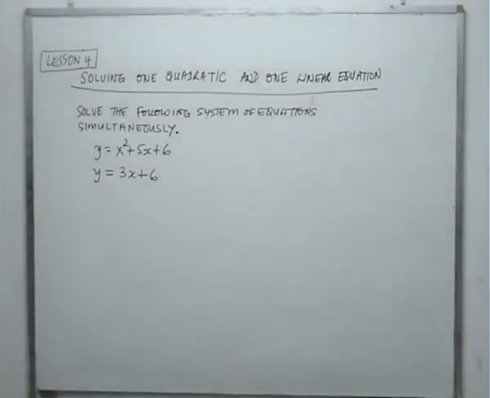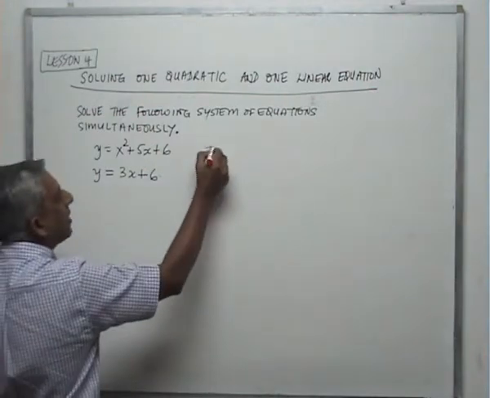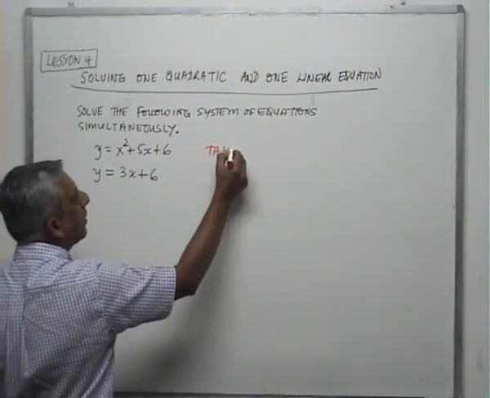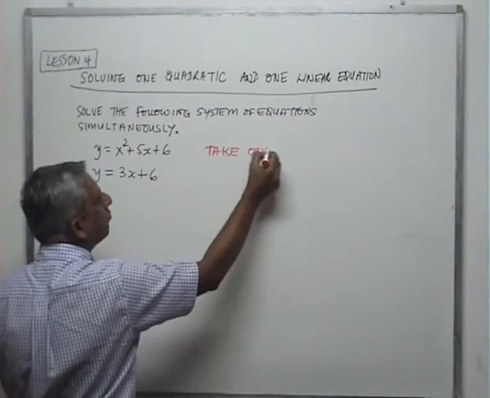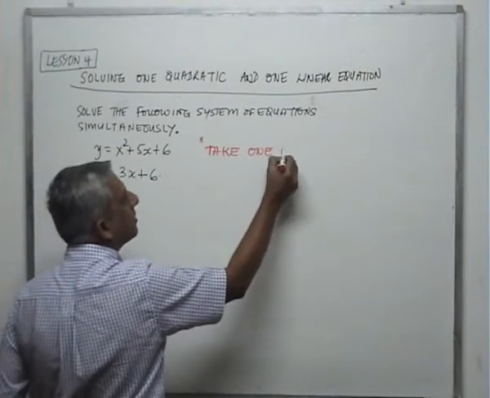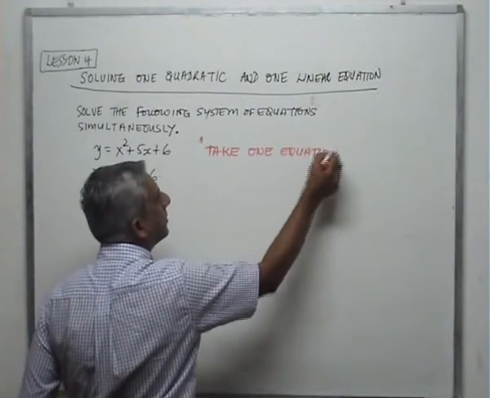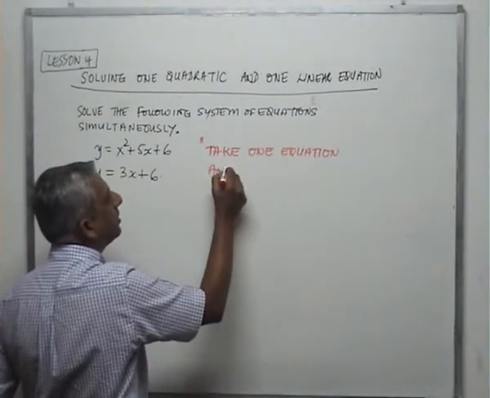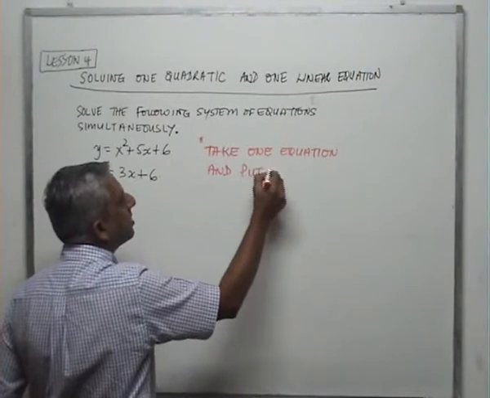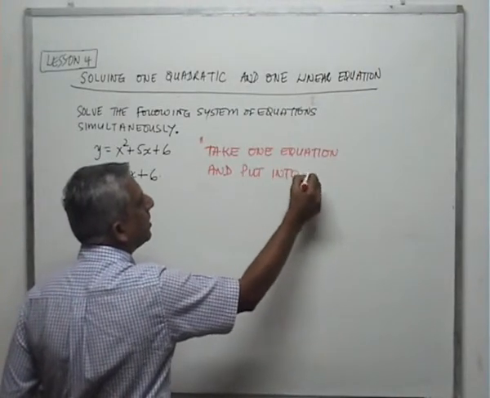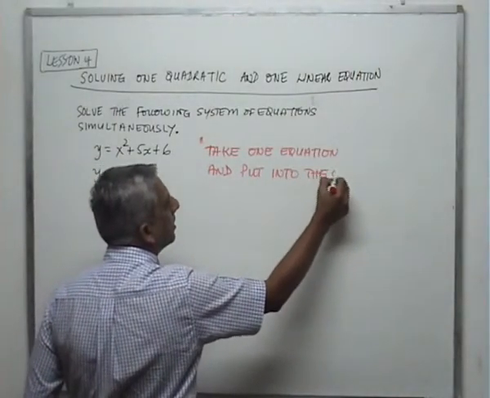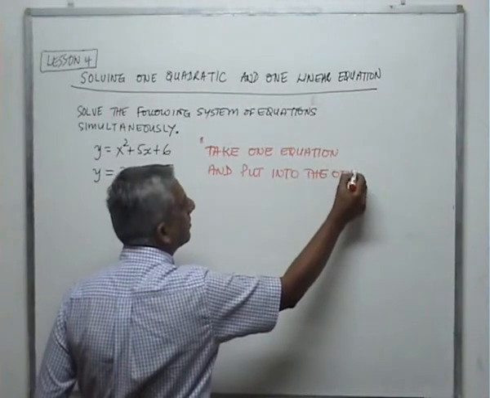So when you've got two equations and you want to solve simultaneously, one of the things that you can do is take one equation and put it into the other equation.